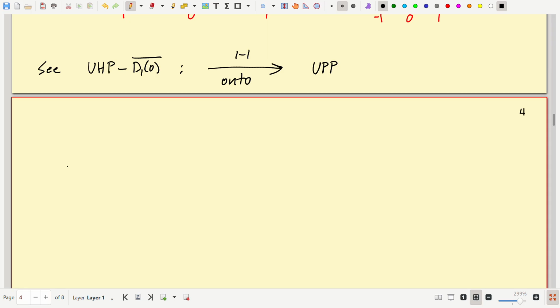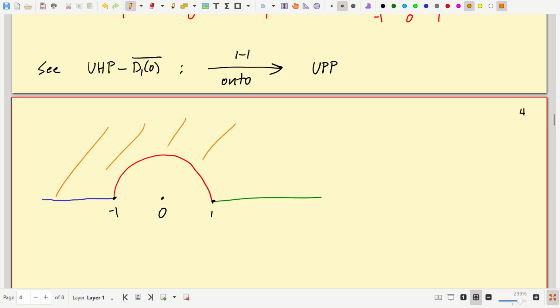Okay, so the picture is, here's a blue line, here's a red circle, here's a green line, and here's plus and minus 1 and 0, and then the Joukowsky map would map this picture.